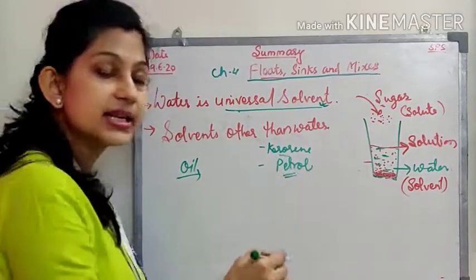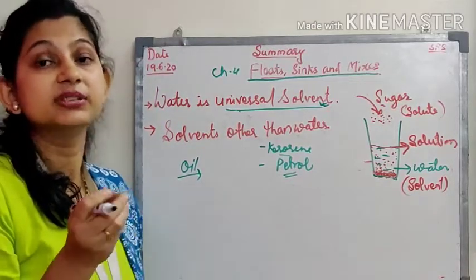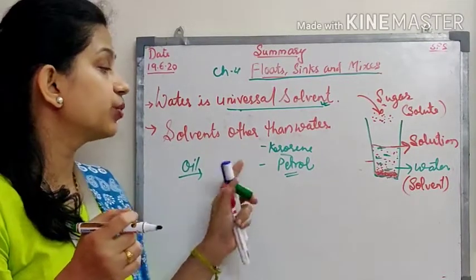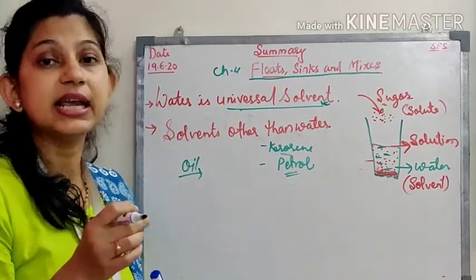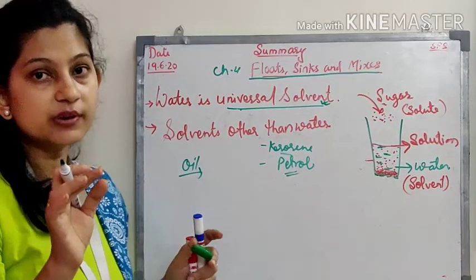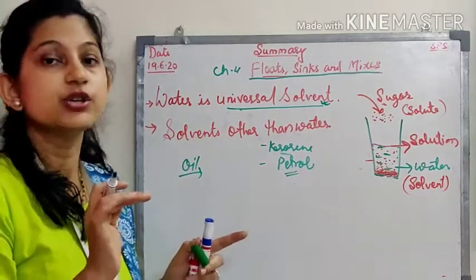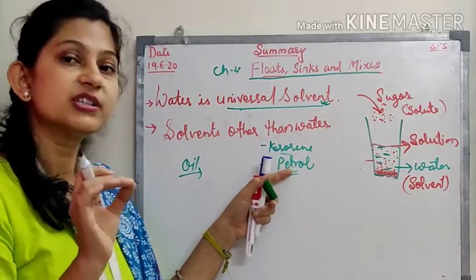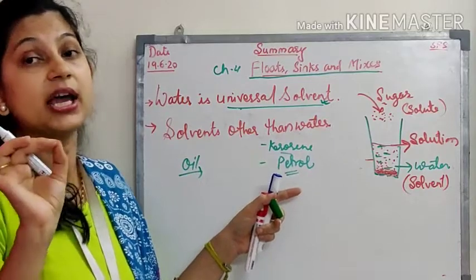Then petrol is an example. Dry cleaning: many times grease or oil stains your cloth. If you try to wash it with water, it is not going to get clean. Why? Because grease and oils do not dissolve in water, so even if you wash it with water, the stain will remain there. So what do we do? Dry cleaners put petrol or some other chemicals there, without water. Dry cleaning means without water.